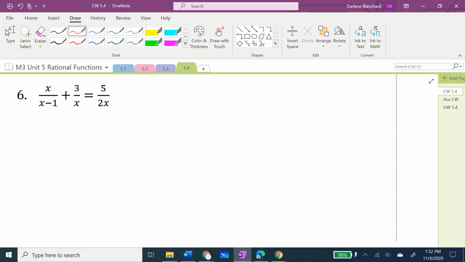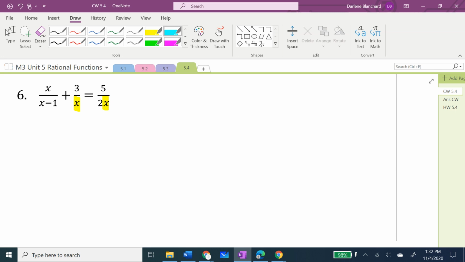All right. Now, for this one, do you want me to go forward by multiplying by the least common denominator? Do you see what the least common denominator is? I've got an x, and I've got one here and here.